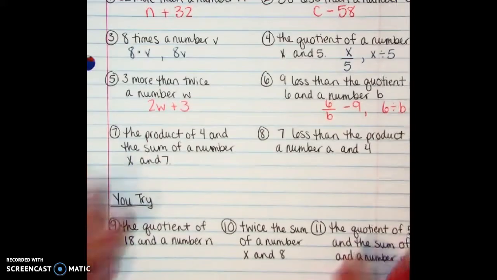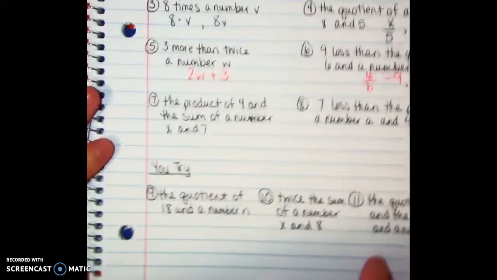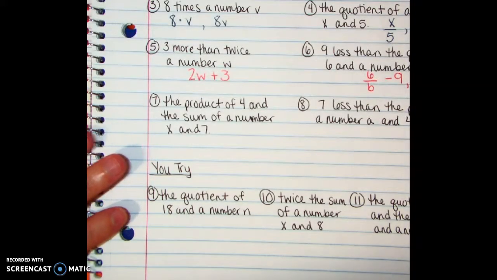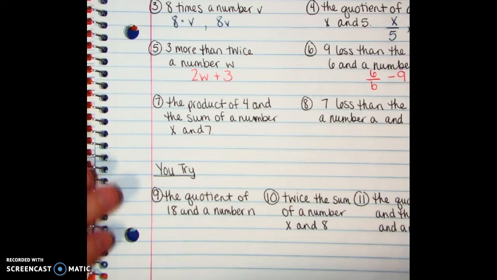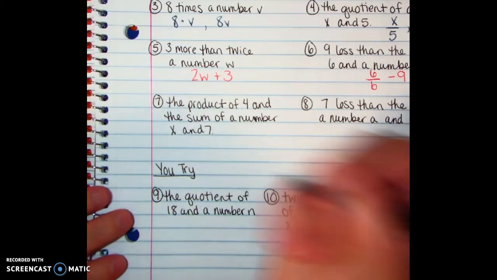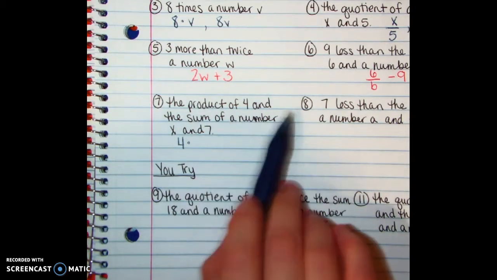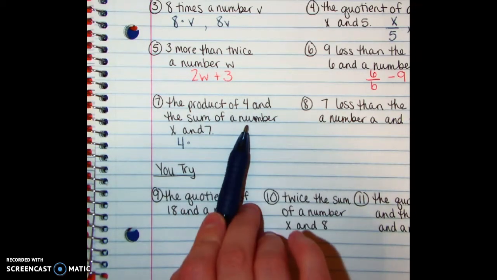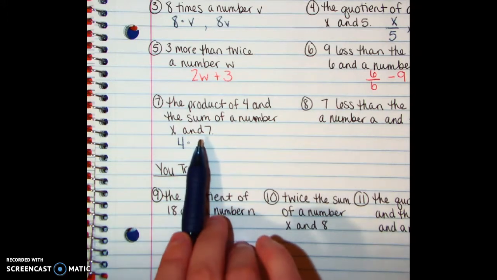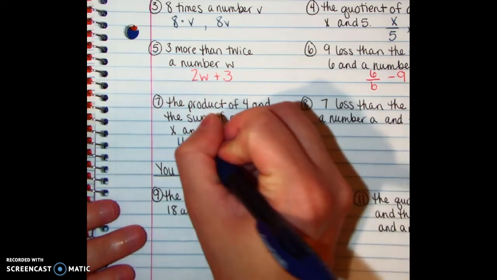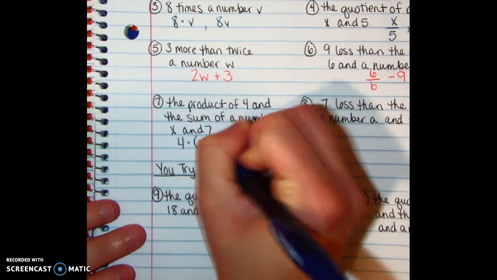A couple more before you have some to do. Number 7 says the product of 4 and the sum of a number x and 7. Product means I'm multiplying, so it's going to be 4 times something. That something is the sum of x and 7, so x plus 7. But you need to put these inside parentheses because of order of operations.